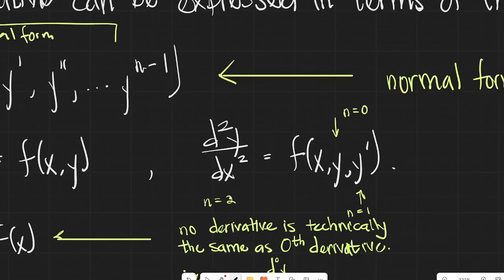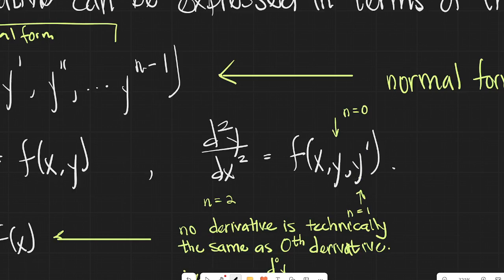Similarly, the second derivative, n is going to equal 2 for that one, right? We're just replacing n with 2 in this derivative operator. But notice also now we have 3 input arguments here. We have the independent variable, we have the 0th derivative of y, which is just the function itself. No derivative is mathematically the same as the 0th derivative, and then n equals 1 right here.